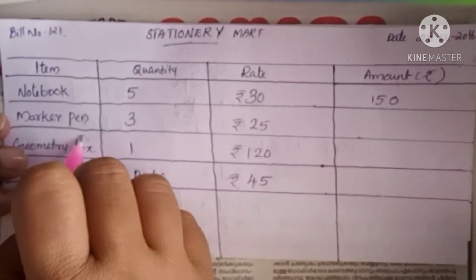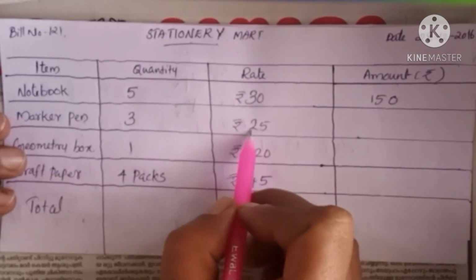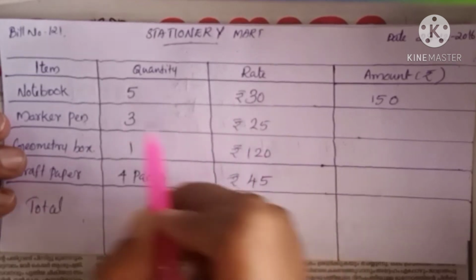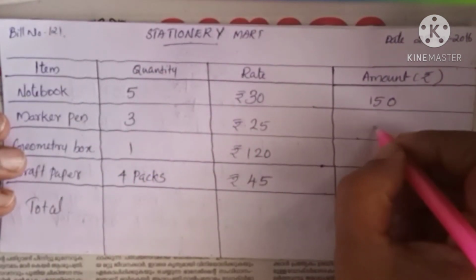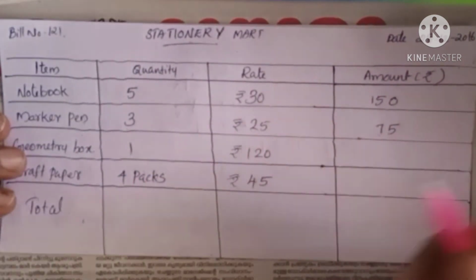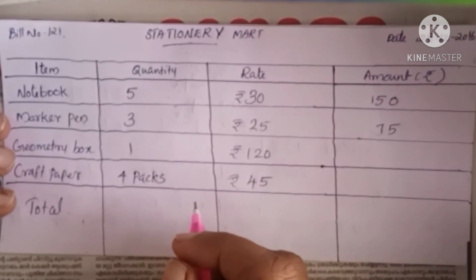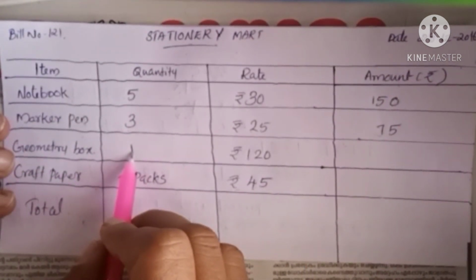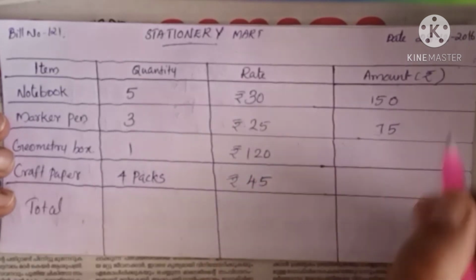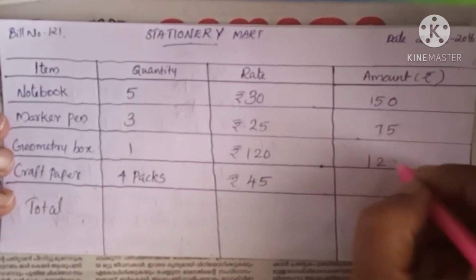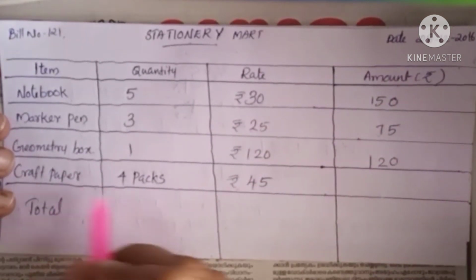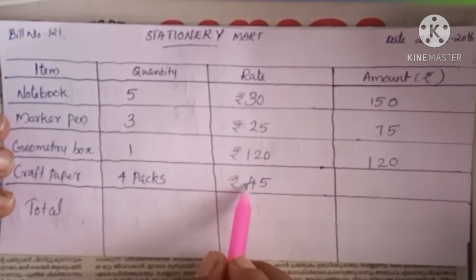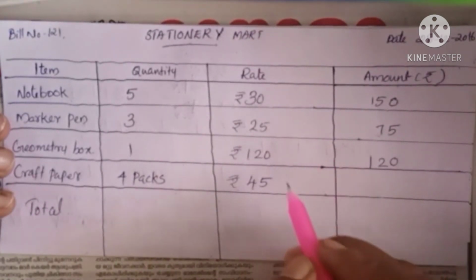Then marker pen. For one marker pen 25 rupees, 3 marker pens 75. Then one geometry box 120 rupees and 4 packets of craft paper.